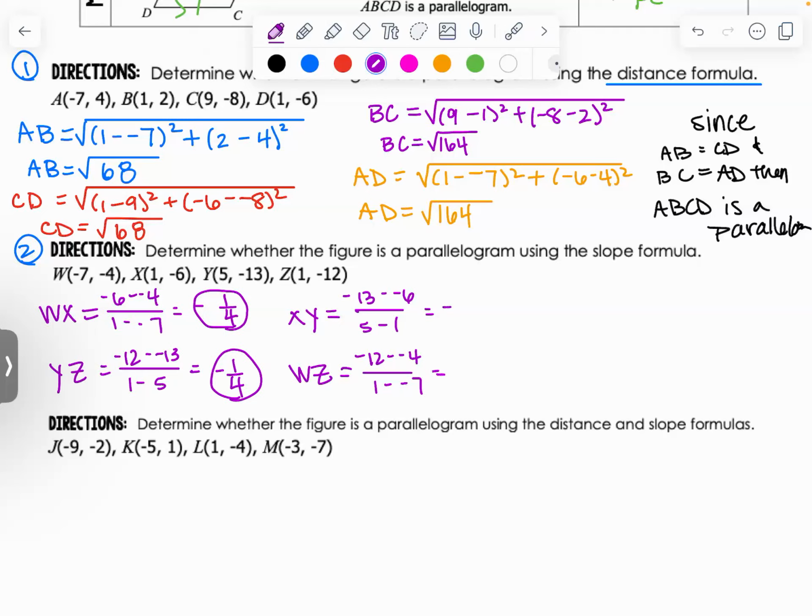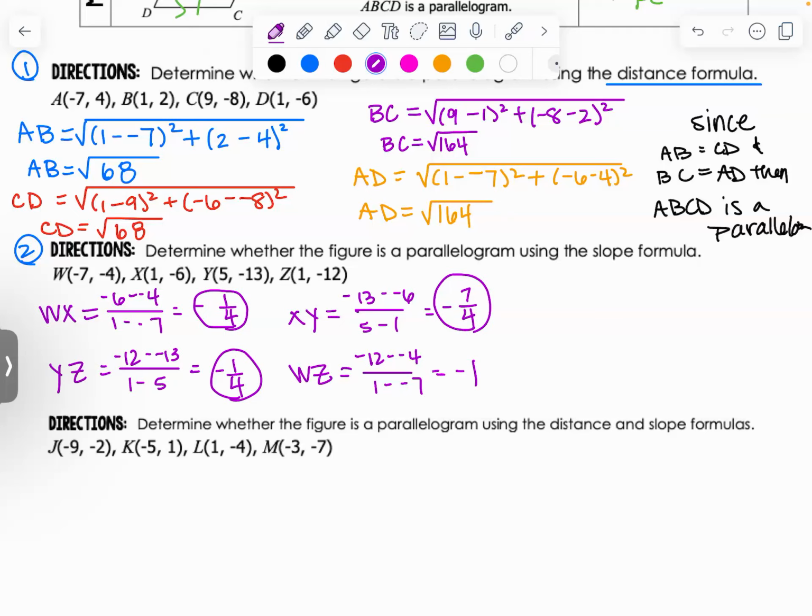XY equals -7/4. Okay. WZ? Isn't it just -1? Well, it's 8 because the 2 minuses. Yep. Okay, so man, we thought we had it good, right?